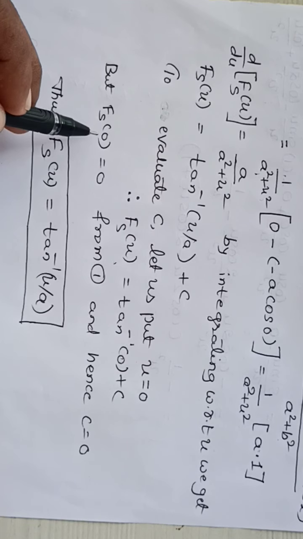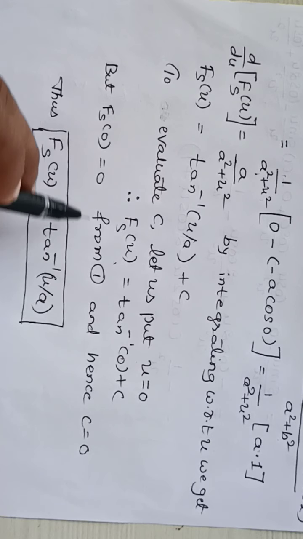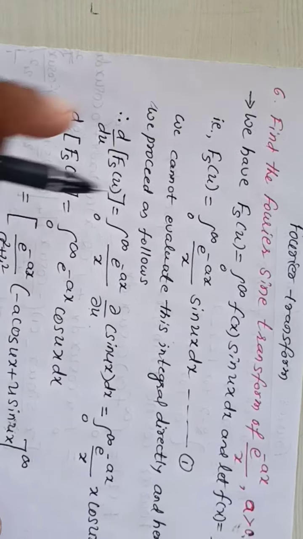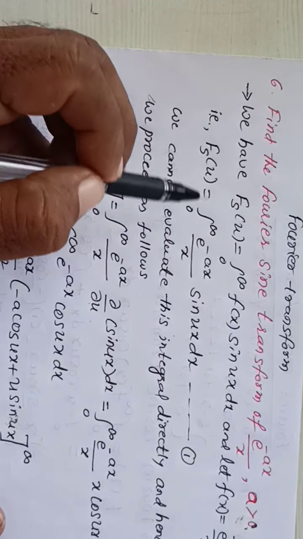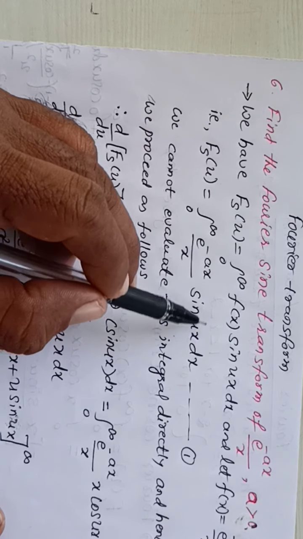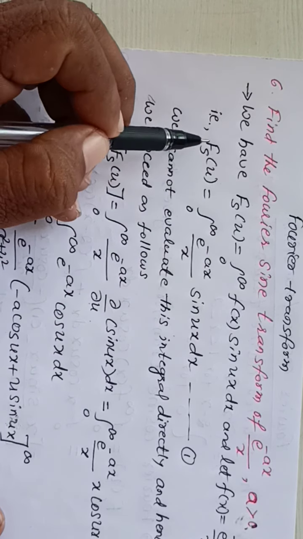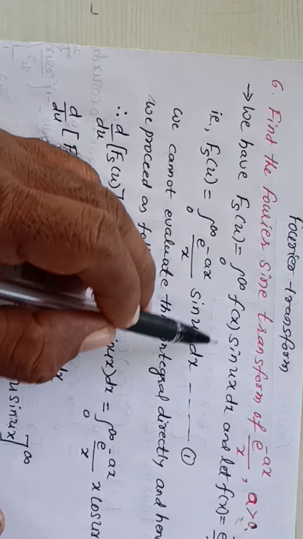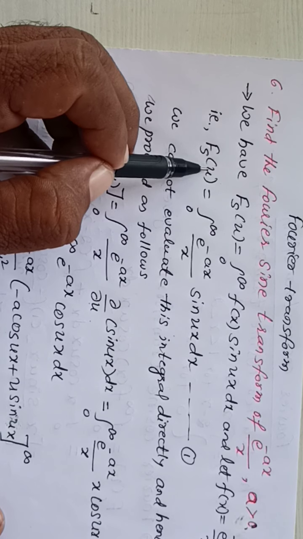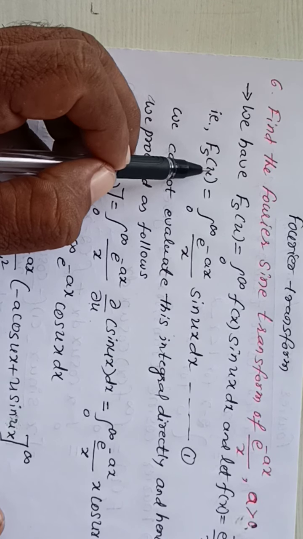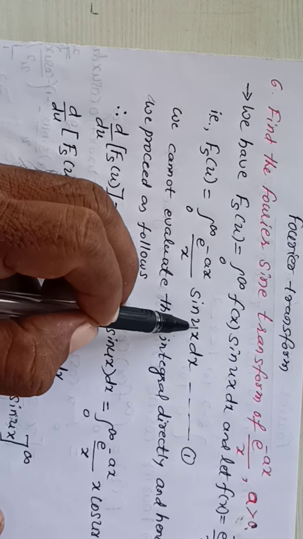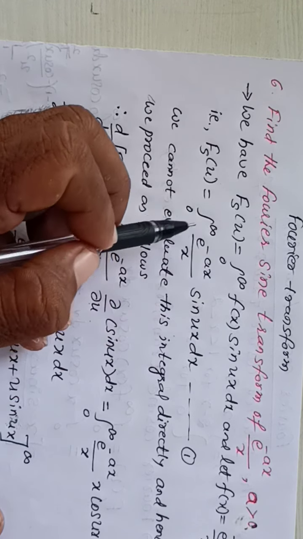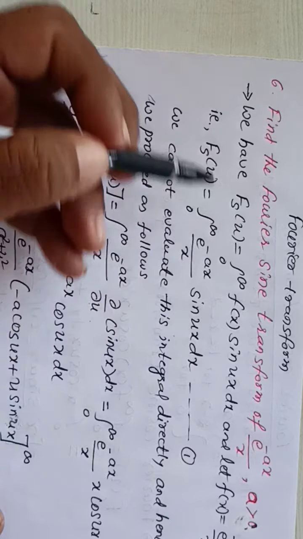Then F_s(0) = tan inverse 0 plus c. But F_s(0) is 0 from equation 1, because if you put u equal to 0, then sin 0 is 0 and the whole term is 0.